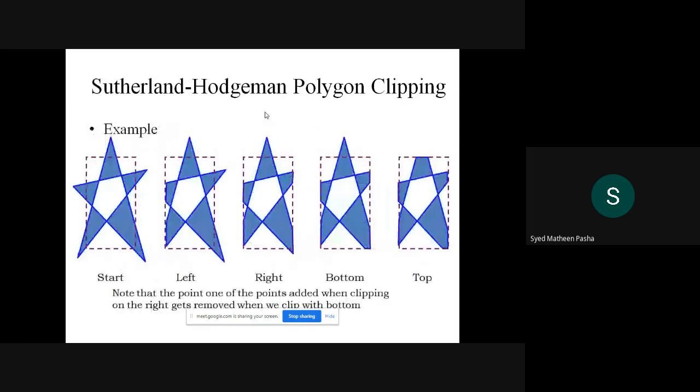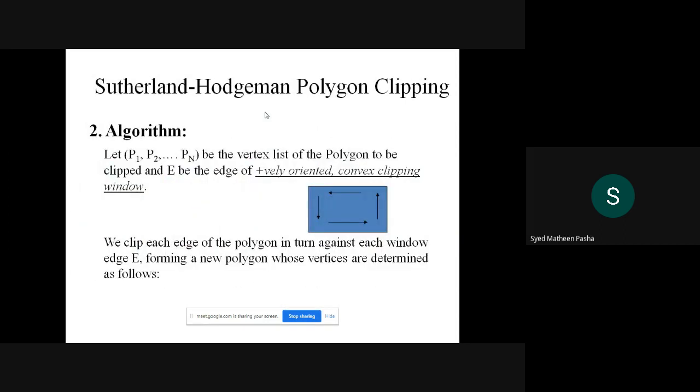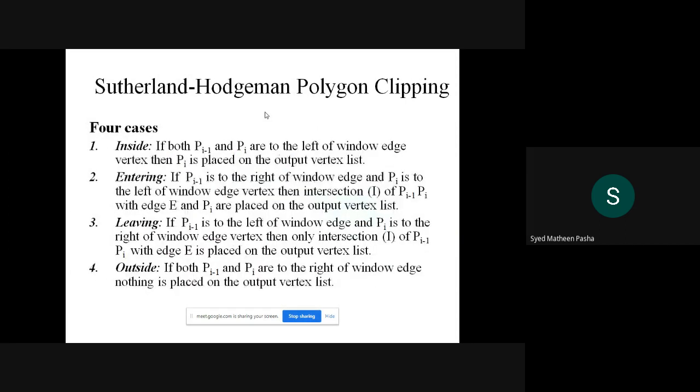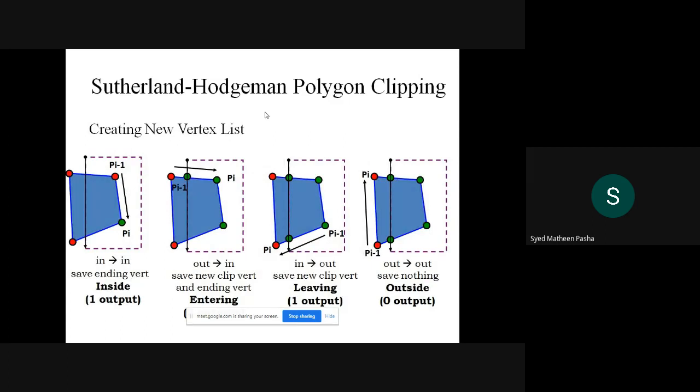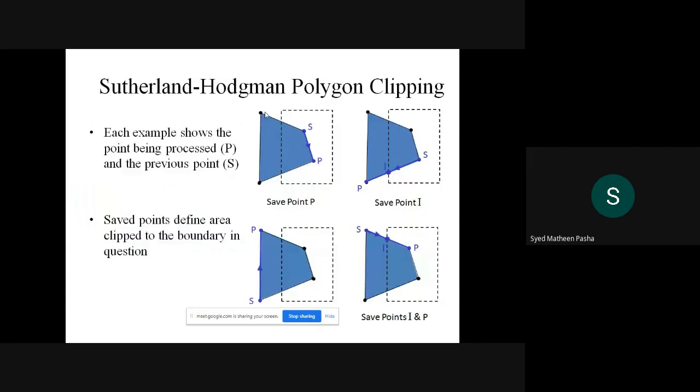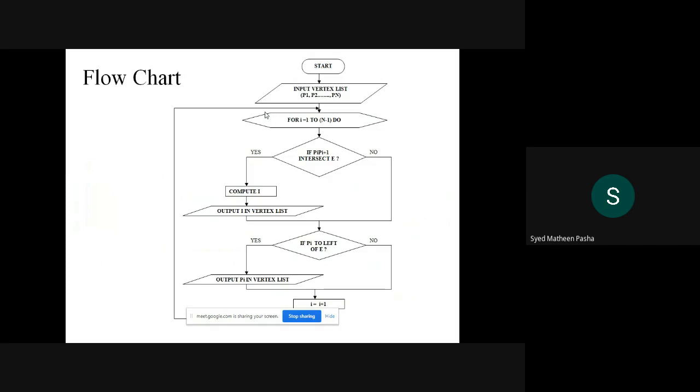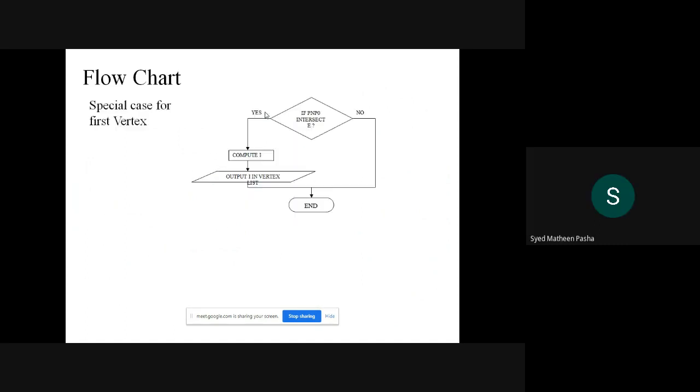Check out if you have any doubts from the algorithm part. These 4 cases, how the creation of each case is done, and these are the examples. Do you have any doubts still here? No, sir. Okay.